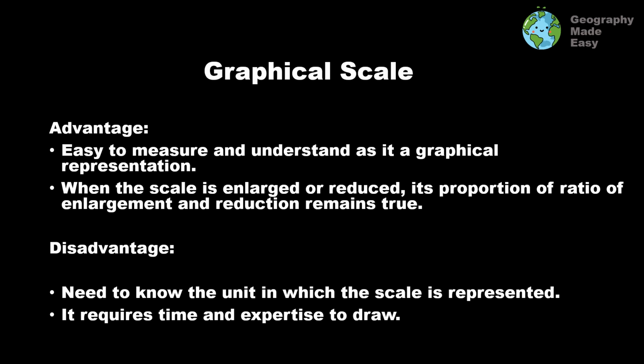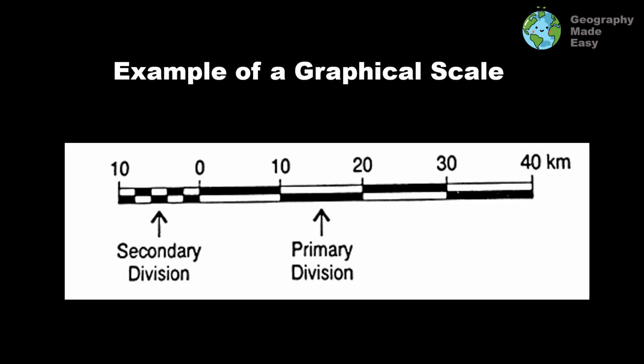A statement scale. So this is an example of a graphical scale, and we have these divisions. The main divisions are called primary divisions, and one primary division is divided into smaller divisions called secondary divisions to give more accuracy to the scale so that we can measure more. Like in a ruler, we have 1 centimeter, and then 1 centimeter is again divided into 10 parts to represent the millimeter.